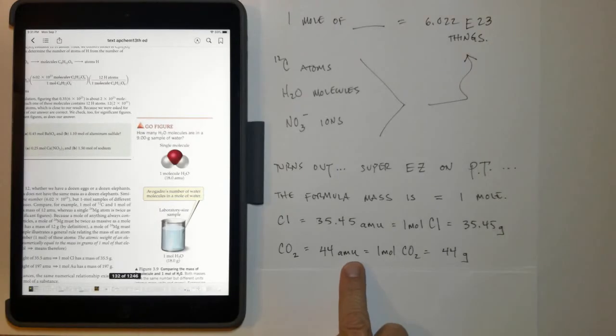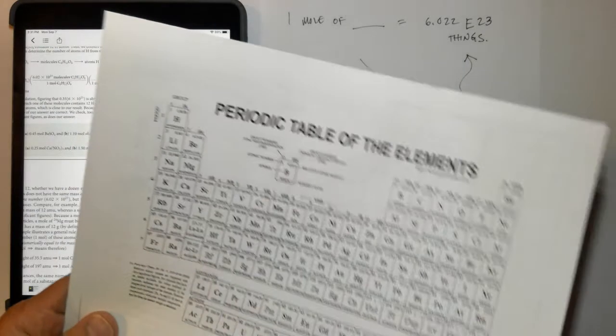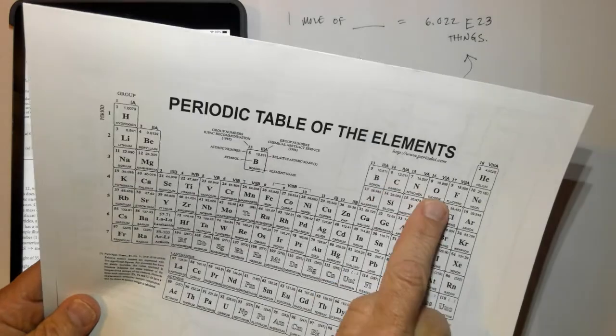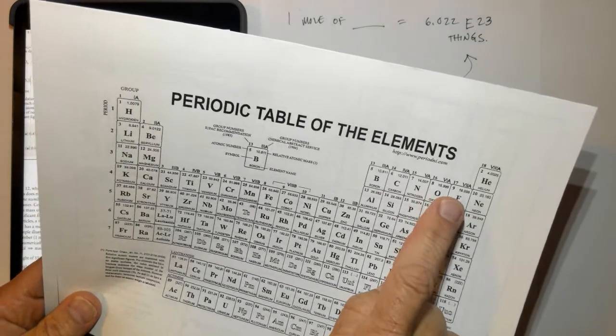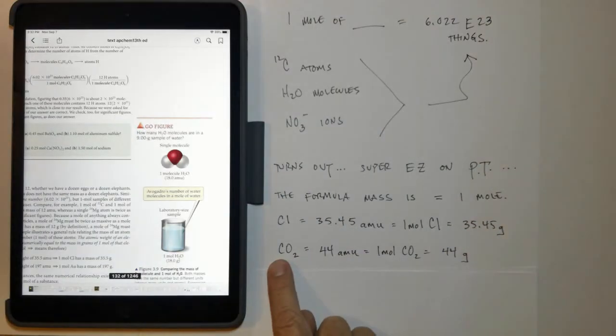Take a formula, for example, like carbon dioxide, CO2. Carbon dioxide has 44 AMUs. If you add it up on the periodic table, carbon is 12, oxygen is 16, so 16 times 2 plus 12 adds up to 44. So that's its formula mass or molar mass.